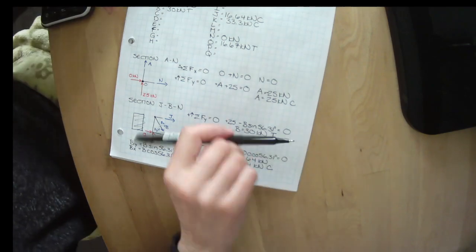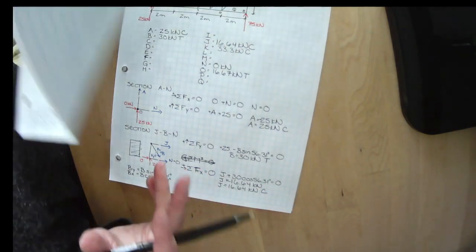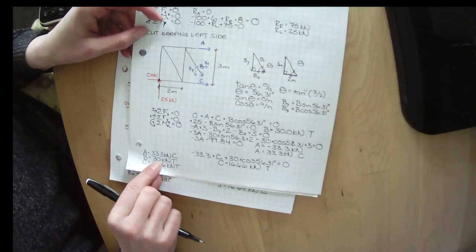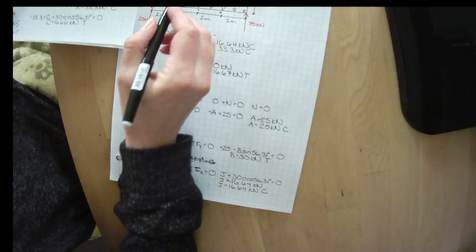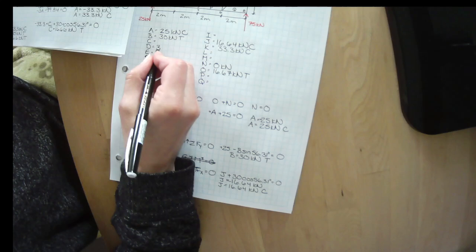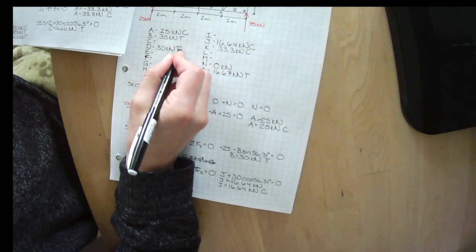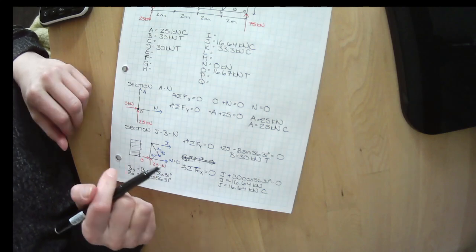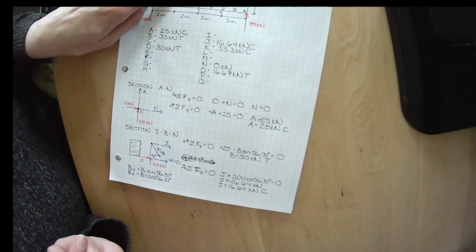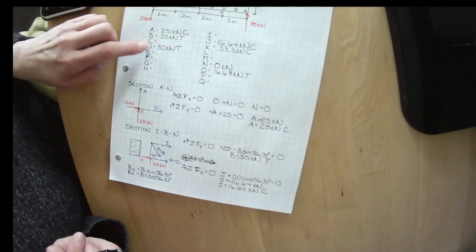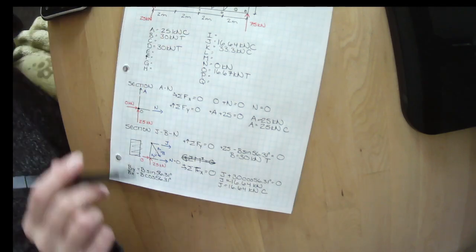Oh, some of you must be so mad at me. When we solved before, we solved B here. That was D here. This is the 30 kilonewtons in tension we just solved for. I should have filled that one in before as D. So K, D, and O, we had solved for before.